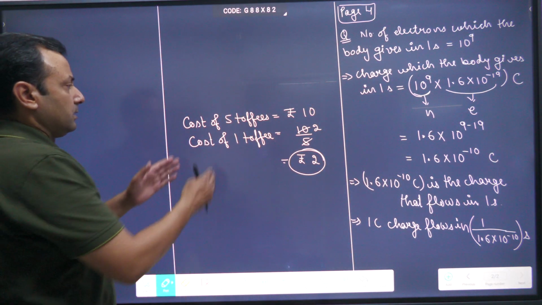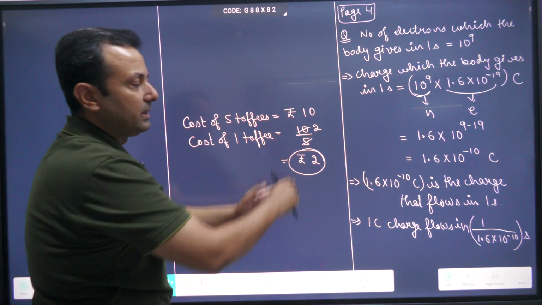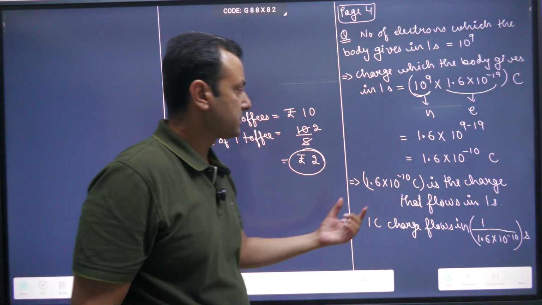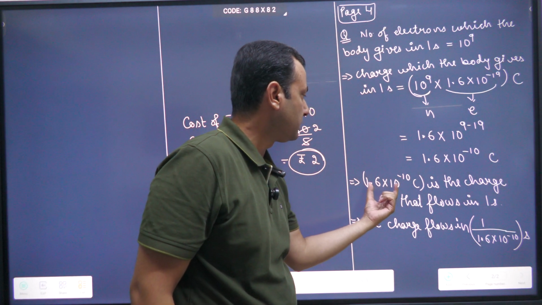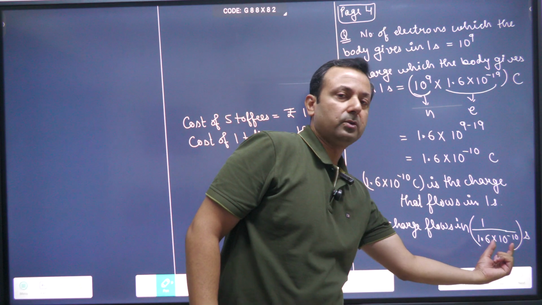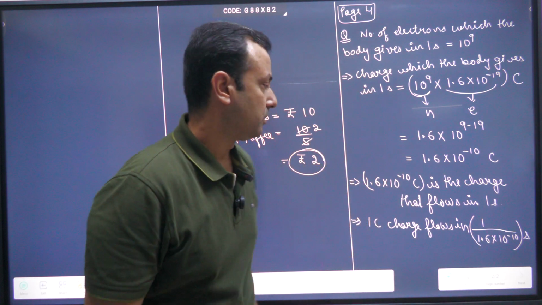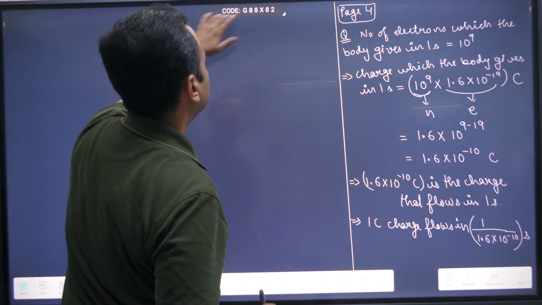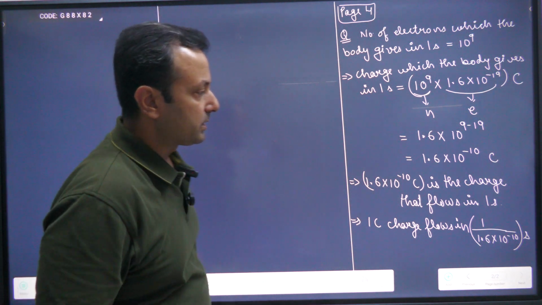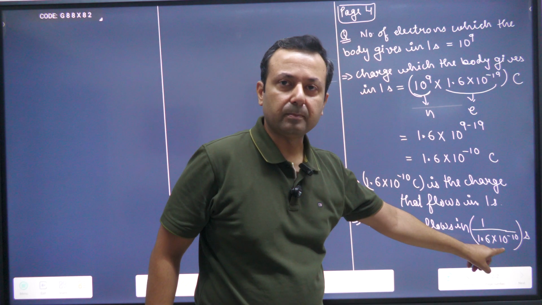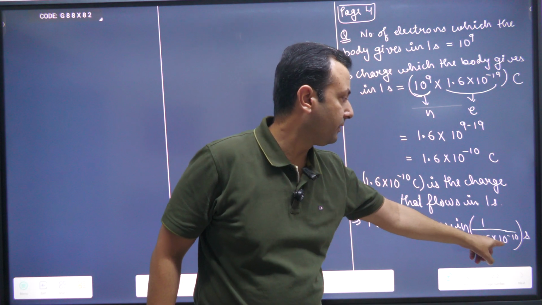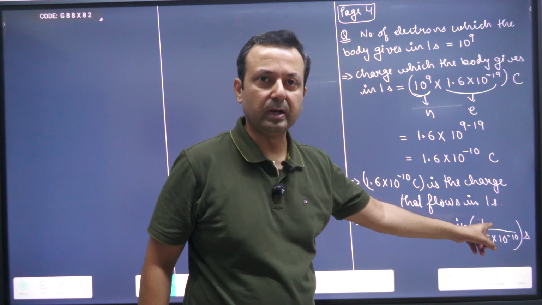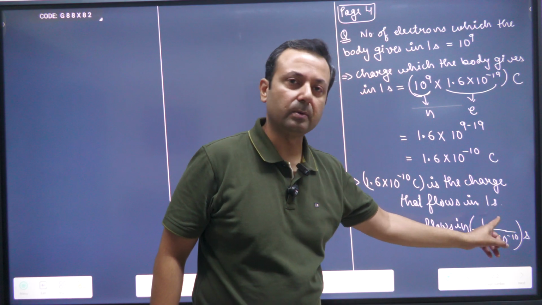Like this 5 went here in the denominator, in the same way, this 1.6 into 10 to the power minus 10 went to the denominator of this. Now, do you know that 10 to the power minus 10 is written in the denominator? If we wish to take it to the numerator, then it will become 10 to the power plus 10.